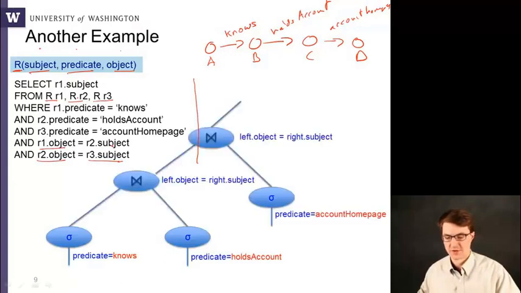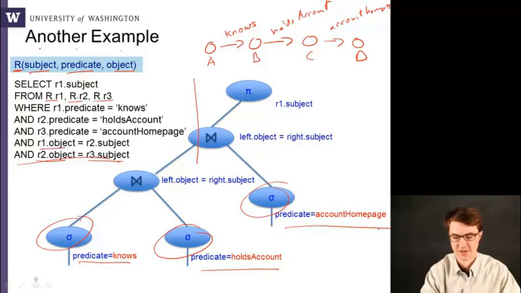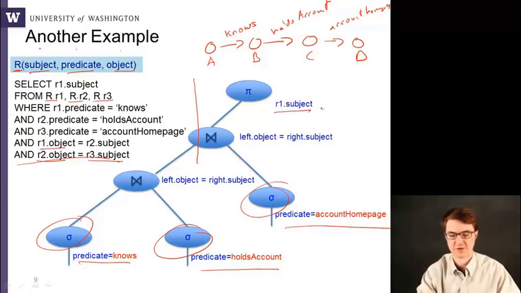In relational algebra, this query gets translated into this form. There's a selection to find predicate equals knows, a selection to find predicate equals holds account, and a selection to find predicate equals account homepage. Then a sequence of joins, and finally a projection just to pull out the final answer we're interested in, which is the select clause.